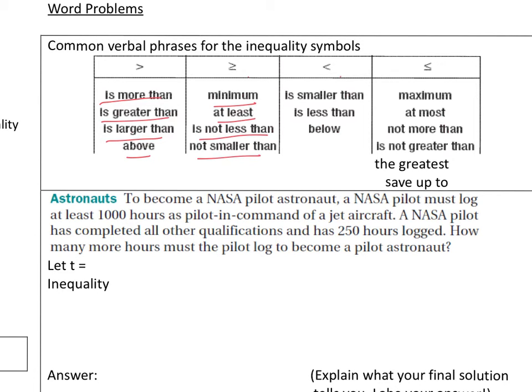The less than sign can also be read as is smaller than, is less than, or below. The less than or equal sign can also be read as maximum, at most, not more than, is not greater than, the greatest, or save up to. Familiarizing yourself with all these different ways of pronouncing these inequality symbols can help you solve the word problems more easily.